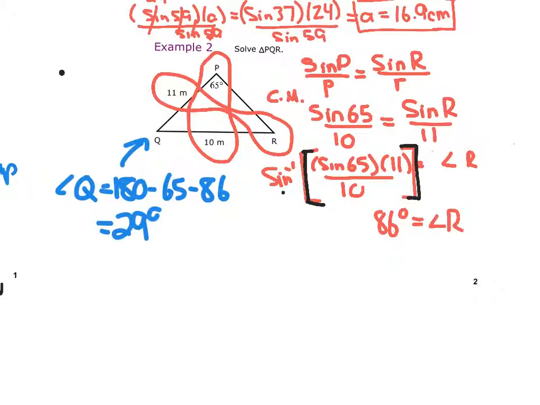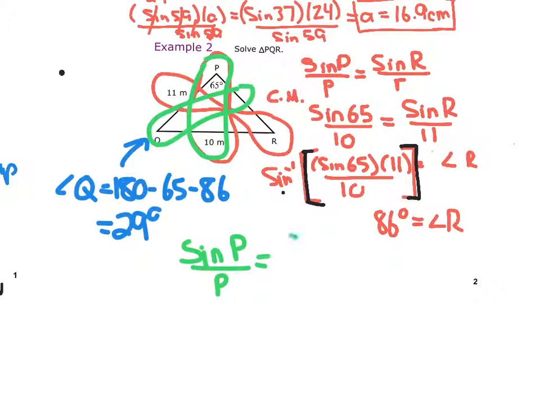And now, with that information, we could do an angle-side relationship here to solve for side Q. I always tend to use the given information, so because we're always given sine P over P, I tend to use those ones. Now you could use your new information if you want. You could use R and angle R if you want to, but I just like to keep it a little bit simpler, and then we go sine Q over little q.